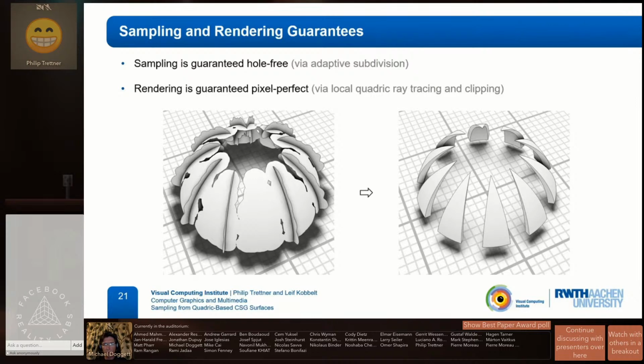Then we use this local quadric ray tracing and clipping to generate a pixel-perfect, hole-free rendering. Even if the splat size is relatively large, it causes no issue with really small features that are modeled.